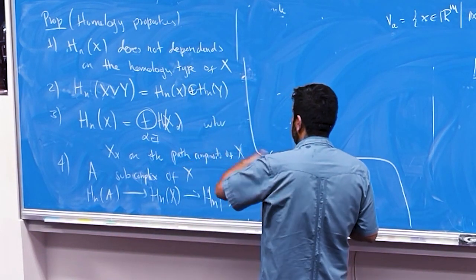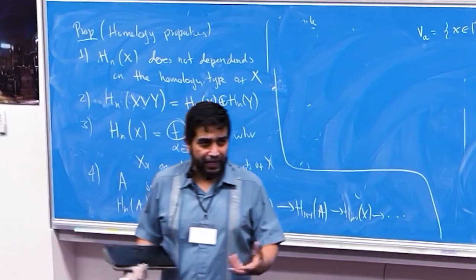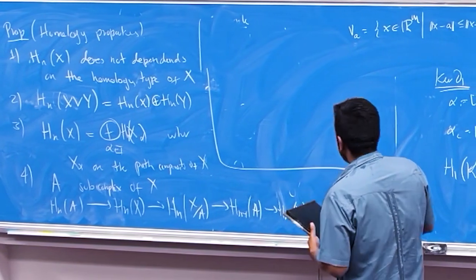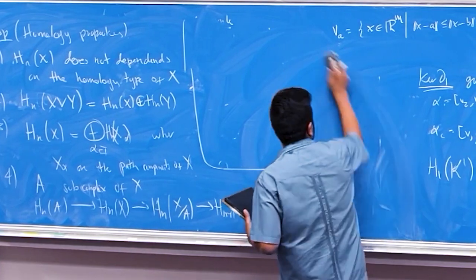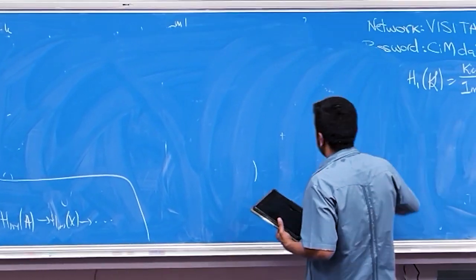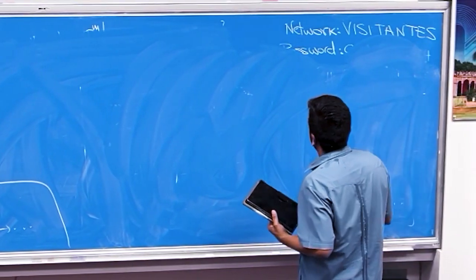So you need to write relationships between the space and pieces of the space and stuff like that. Another one is... probably it's not necessary for the purpose of this class listing all the properties.